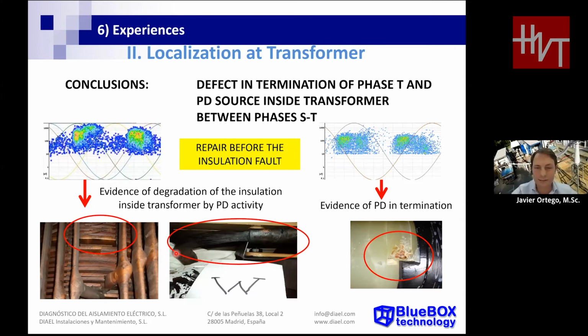But when you have a problem in the termination connecting the transformer like this, you will have no signal in the DGA, and when this termination fails, maybe you can have a big failure and the transformer can finally be burned. So it is very important to monitor the termination connecting the transformers.